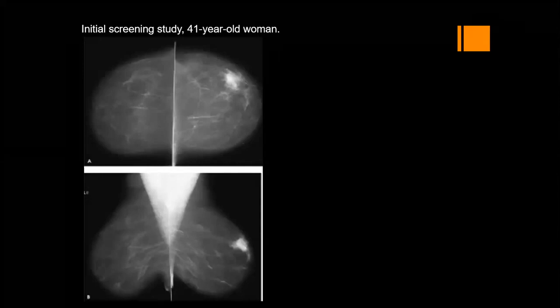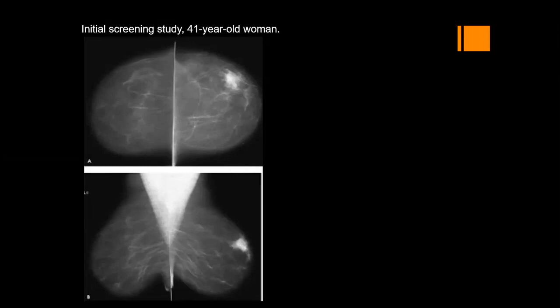Initial screening study for a 20-year-old woman. The mass is irregular. Where is the mass? In the left breast, outer. Are you sure it is a mass? So asymmetry.